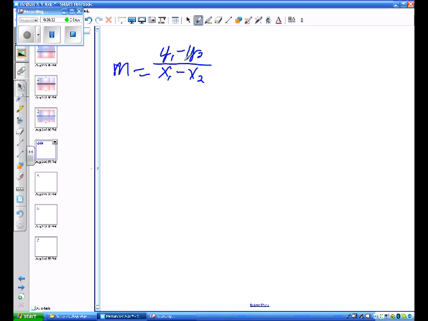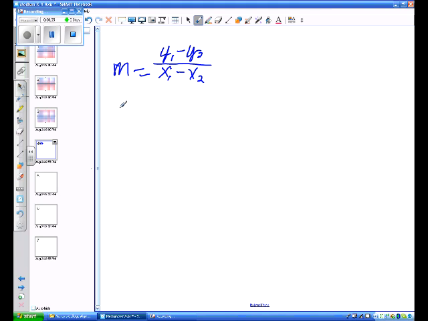The subscripts do not matter, whether you have a 1 here and a 2 here or the other way, y sub 2 minus y sub 1. All that the subscripts are to show is that we're talking about y's from different ordered pairs. What does matter is that this y and this x come from the same ordered pair. And so we had our slope formula.